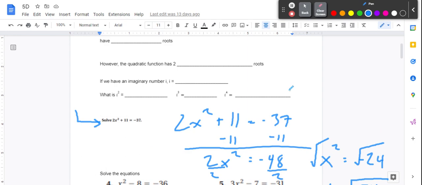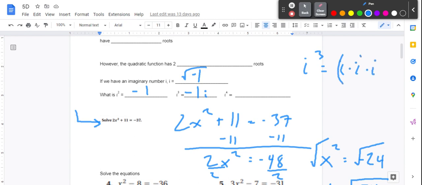Coming back here, if i is the square root of -1, then i squared would be -1. I cubed would be -i, because i cubed is really i times i times i, right?